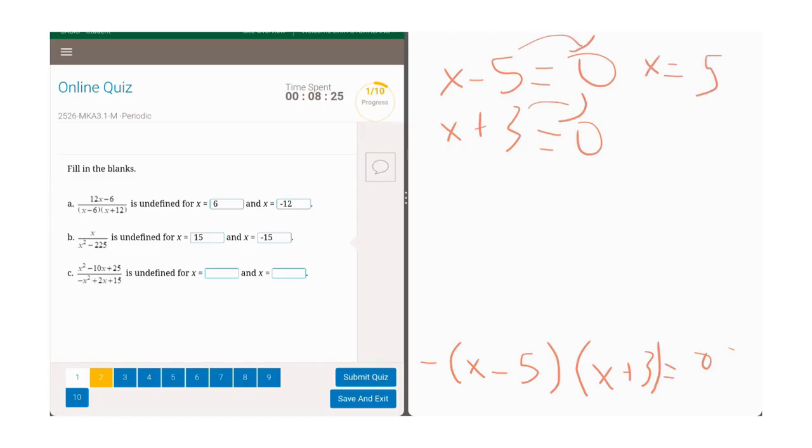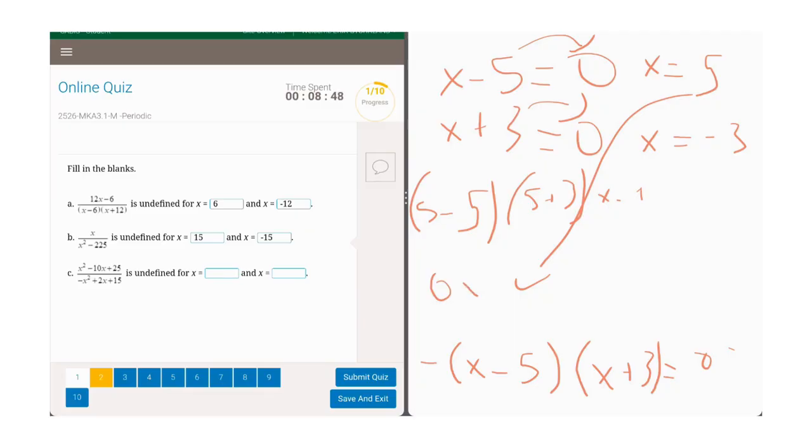Move 3 to the other side, you get x equals negative 3. Substitute that in there, you get 5 minus 5 multiplied by 5 plus 3 multiplied by negative 1. So you get 0 times 8 times negative 1 from this negative sign over here.